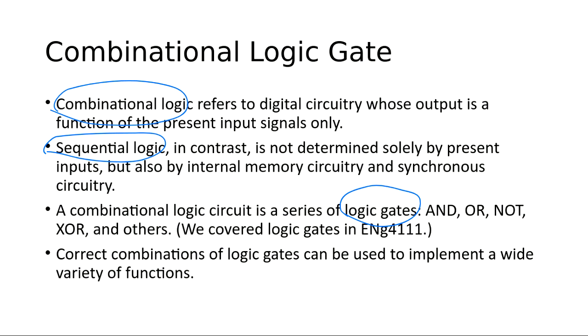The basic semiconductor components which we studied in our last term are the driving force behind the logic gates. These gates are performing certain mathematical functions. I give you a simple example.